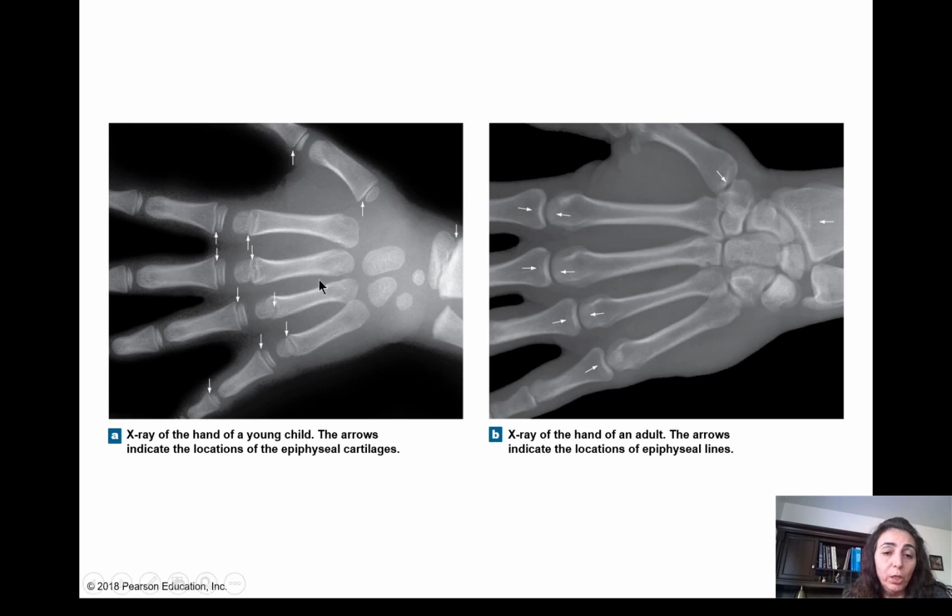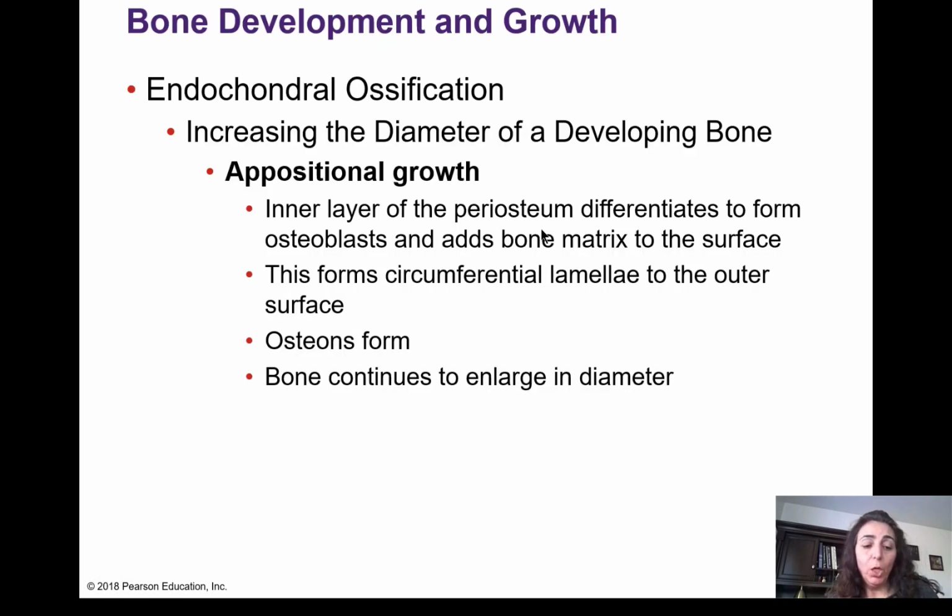What other thing you see? In the long bones, you see that you have a space between the diaphysis and epiphysis. These are the areas of the growth plate here, right? When these completely close, epiphyseal closure, you see that as a line, the epiphyseal line.